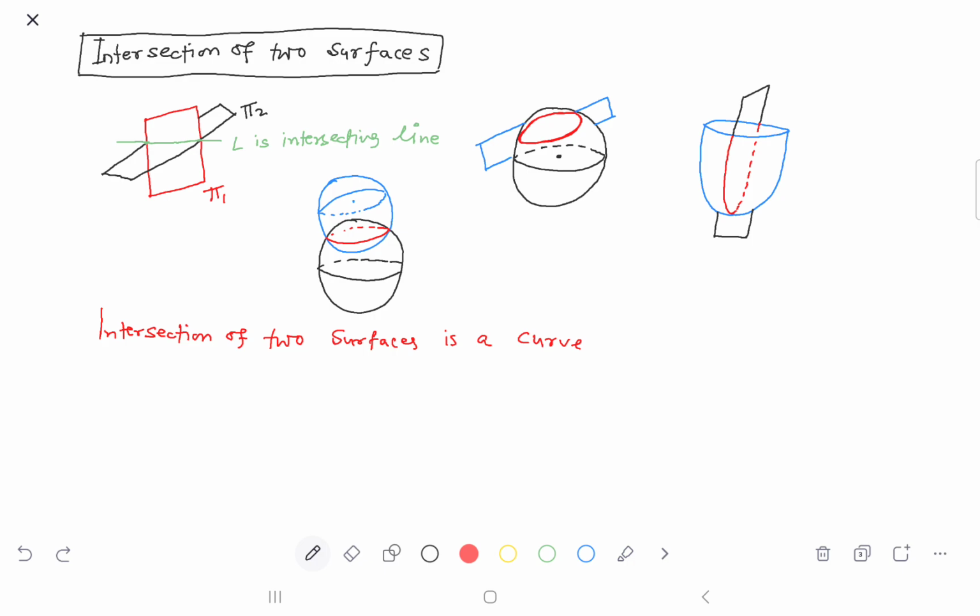Now see, here is the question we need to solve. They will give you two surfaces, and they will give you a point on the intersection of the two surfaces, or on the intersecting curve. Then they will ask you to write down the parametric equation, or maybe the equation of the tangent line, at that point of the intersecting curve.